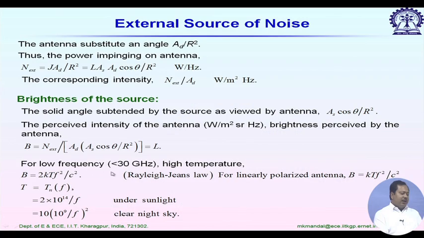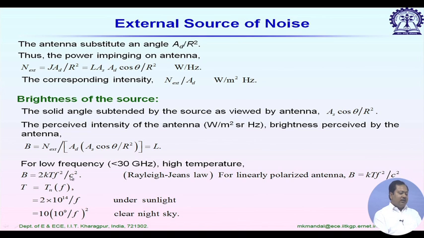Roughly, if we consider the low frequency case below 30 gigahertz and high temperature, B is twice kT f square by c square, and this is considering that whatever power it is radiating, we can receive all of this. But if the antenna is linearly polarized, we can't receive all of this power, we will receive only half of this.